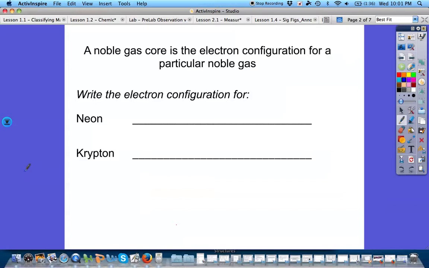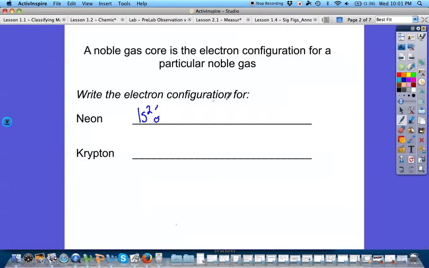So we have two noble gases, neon and krypton. To write out the electron configuration for neon, we always start at hydrogen, which is energy level 1, the S sublevel. We go through hydrogen and helium, so 1s2.